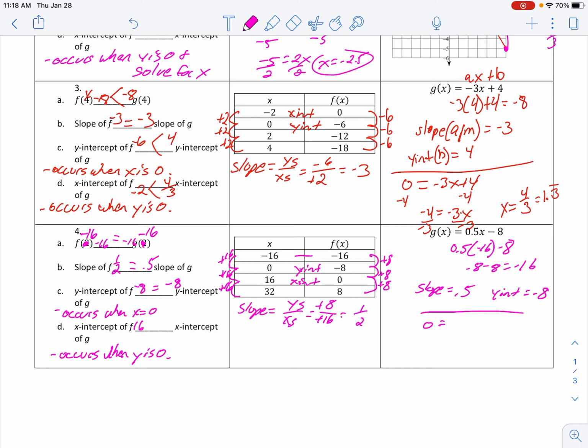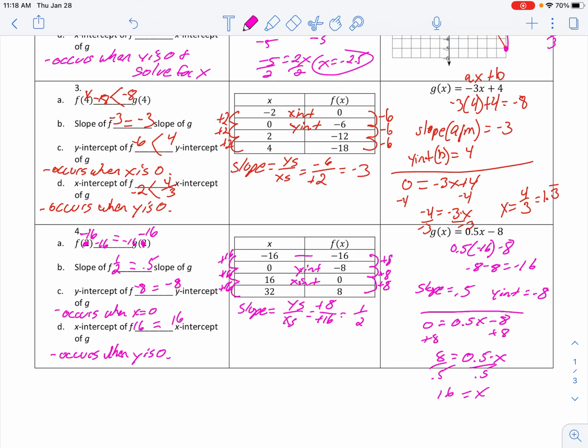I'm going to have to set, again, y to 0 and solve for x. I'm going to add that 8 to the other side and divide by 0.5. Go to your calculator and type in 8 divided by 0.5, and that gives you 16. So the x-intercept is 16, and we have an equal sign.